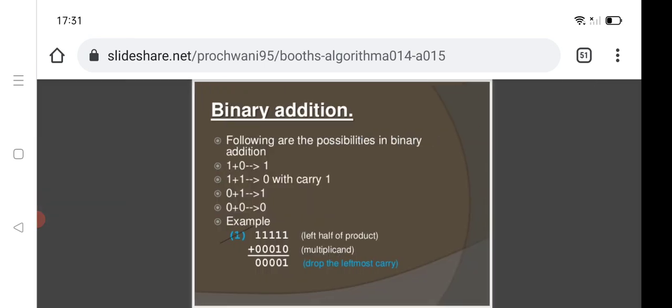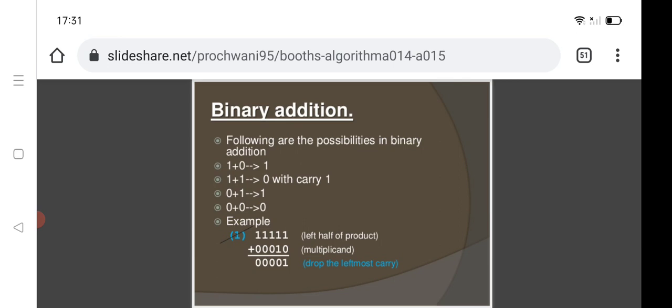Next, before getting into the actual algorithm, let me discuss a few of the basic things from digital electronics. When you go with binary addition, I can have 4 combinations of addition: 0 plus 0, 0 plus 1, 1 plus 0, and 1 plus 1.